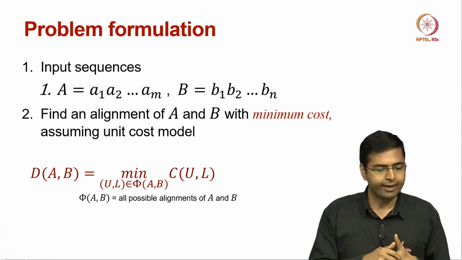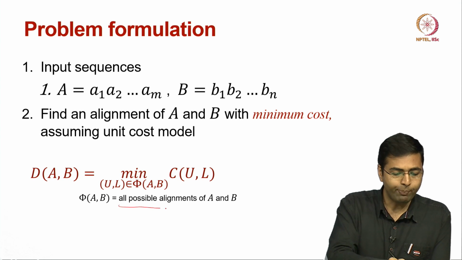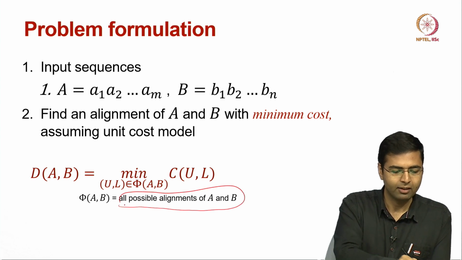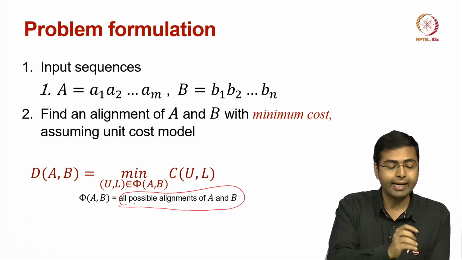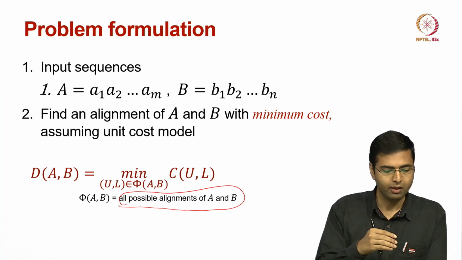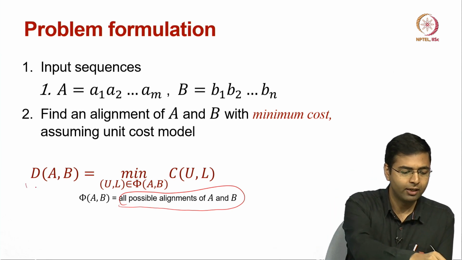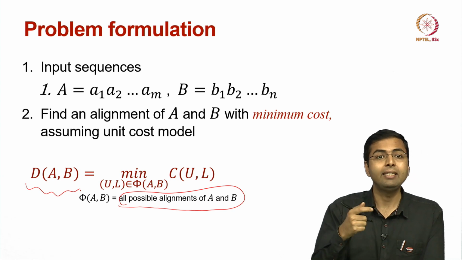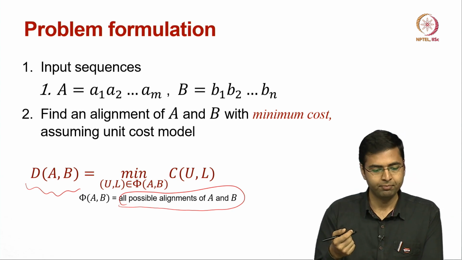Mathematically, among all possible alignments of A and B, give me that alignment which achieves the minimum cost, and I am going to denote that minimum cost as capital D(A, B).